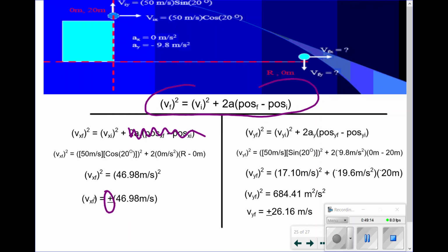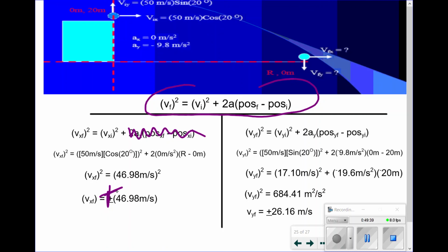I get plus and minus 46.98 because there are two possible ways this thing could go. Looking at the situation, I see this object can only be moving to the right. So I'm going to turn around and say this is positive because there is no negative direction in this problem. Everything is moving to the right.